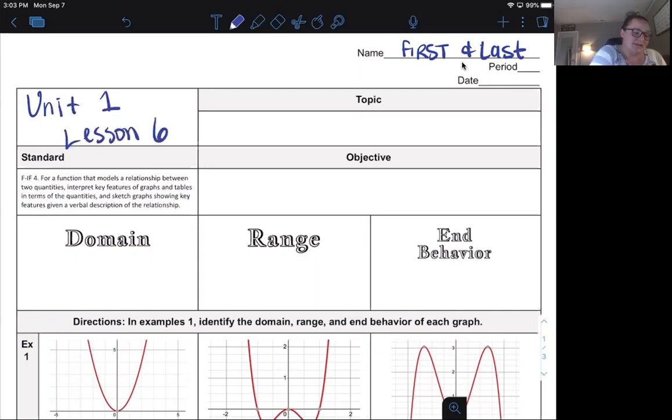And our topic today is basically going to be an introduction to you about domain, range, and end behavior.